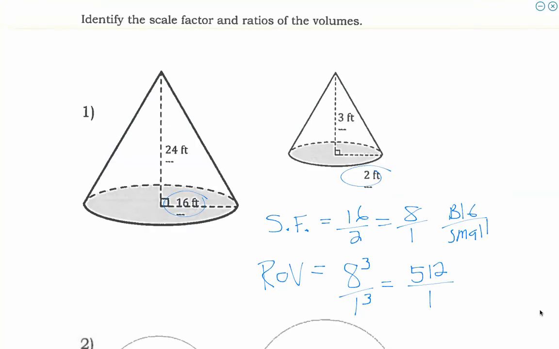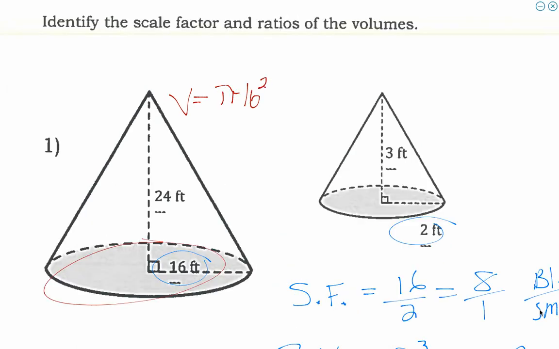The volume here is going to be the base, which is pi r squared, times 24 divided by 3.